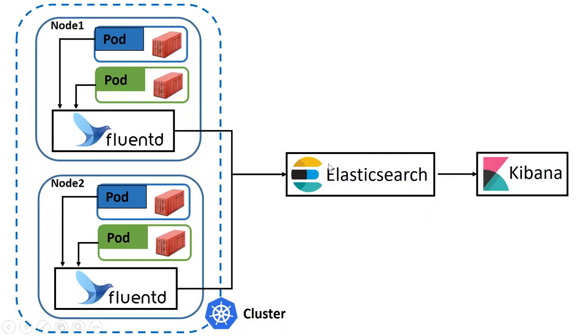But at least in this session, we'll focus on how you can set up EFK within your Kubernetes cluster, and how you can make sure that any logs from any pod running in your cluster are read by FluentD, stored into Elasticsearch, and Kibana can be used to grep and see the results.